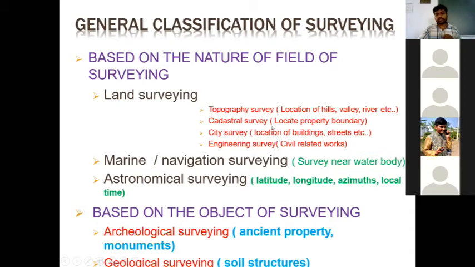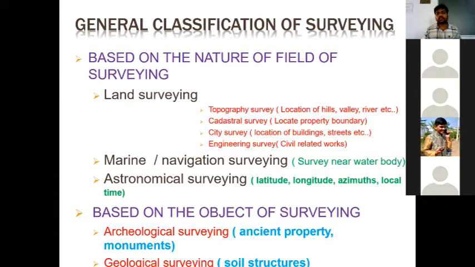Next, cadastral survey. Cadastral survey is mainly used to locate the property boundaries. Suppose in a family, the head person has 1 acre of land and wants to divide that 1 acre into 2 parts for their children.